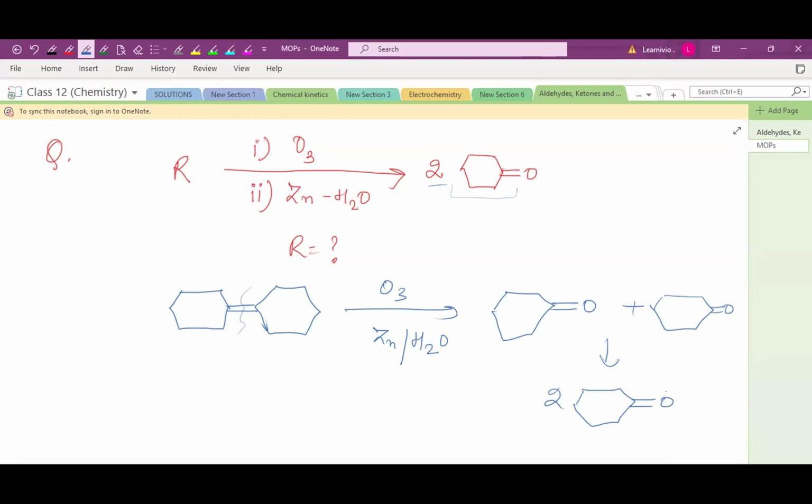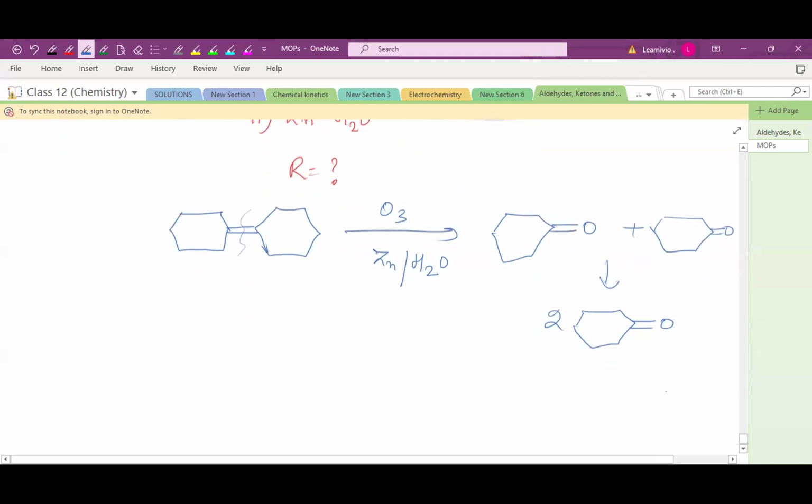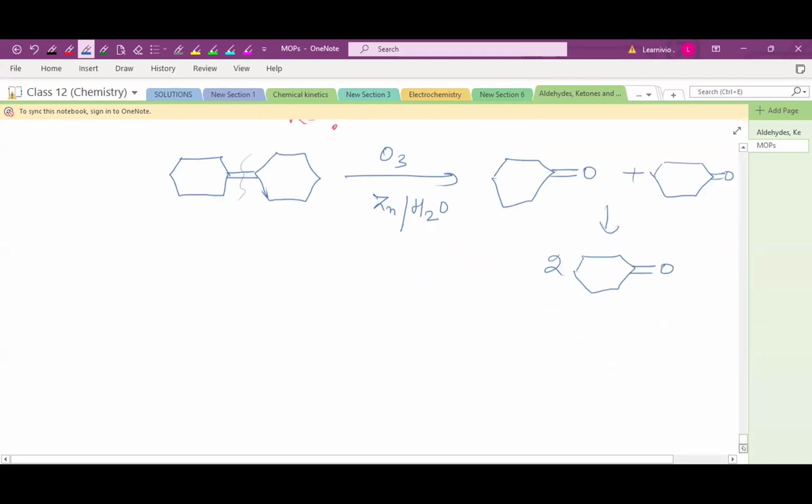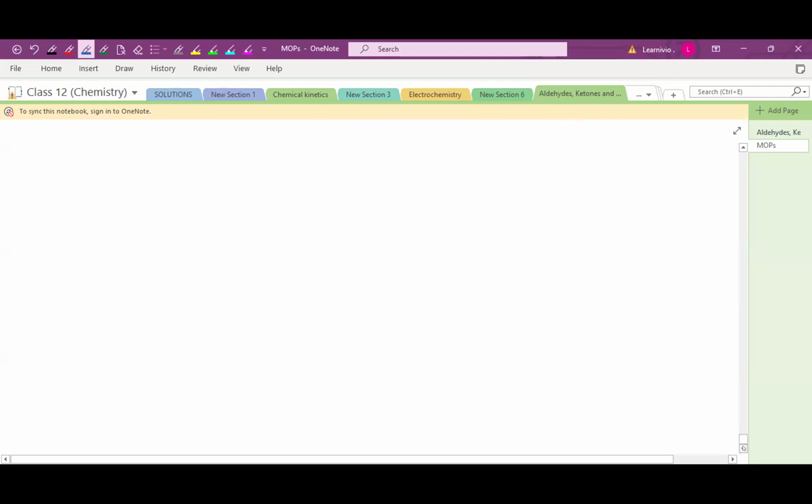I have one more question, but I will give this question in your homework. You have to give the name of the reagent for the transformation, the conversion. Okay, so I will give that in your homework. Now write on the physical properties of your carbonyl compound.